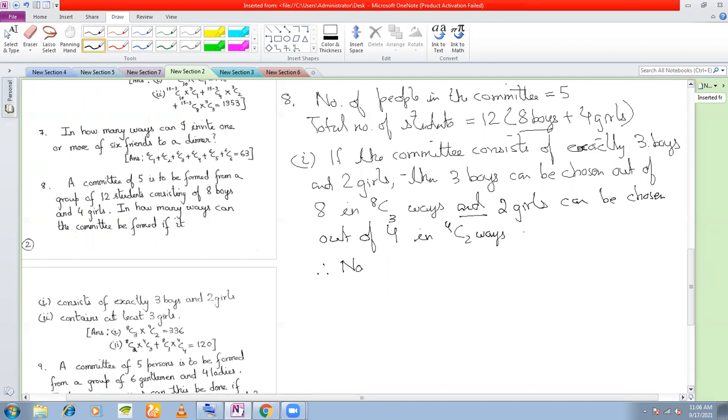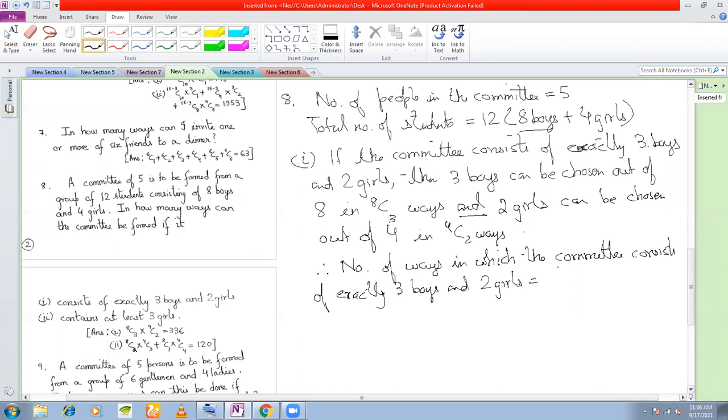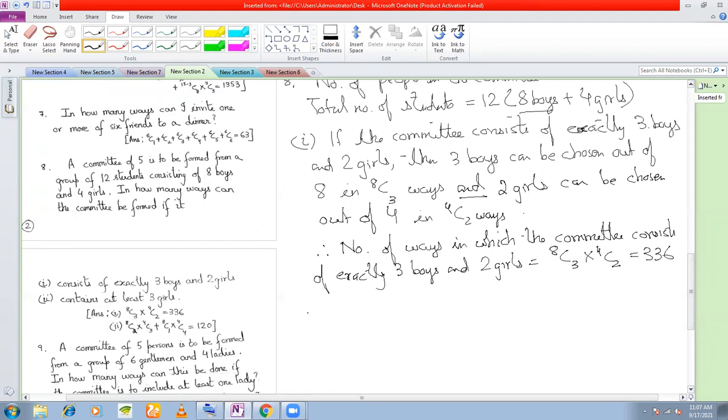Therefore, number of ways in which the committee consists of exactly 3 boys and 2 girls is equal to 8C3 into 4C2, which can be calculated to be 336. Okay. Second question.